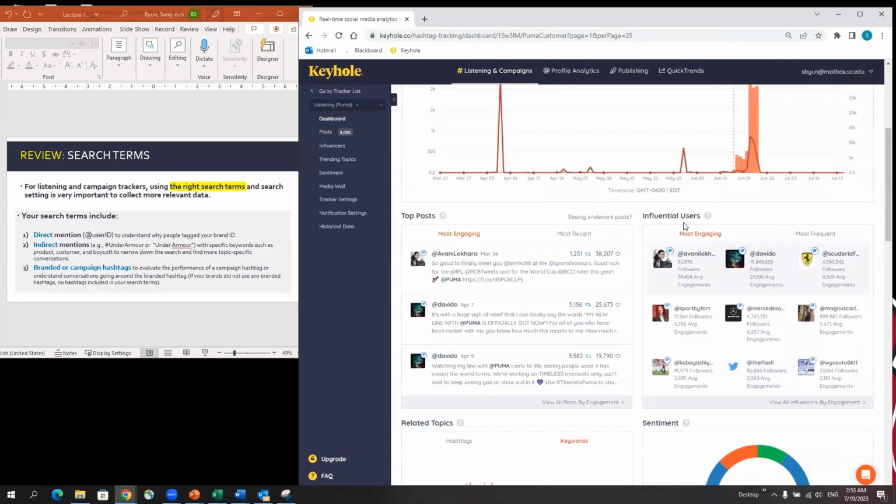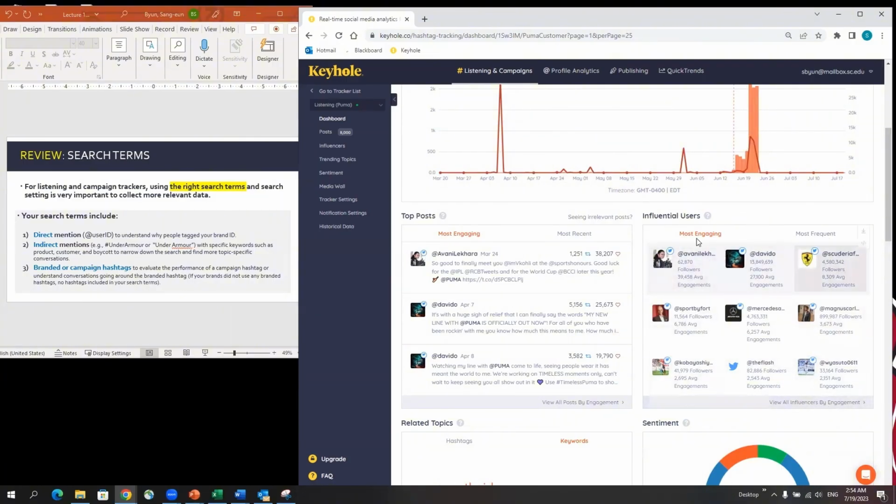You will see the tab called influencer users. Be careful, these influencer users means key users that are identified based on engagement and number of posts that mentioned your search term. We are not going to look at the frequency data. Let's look at most engaging users.